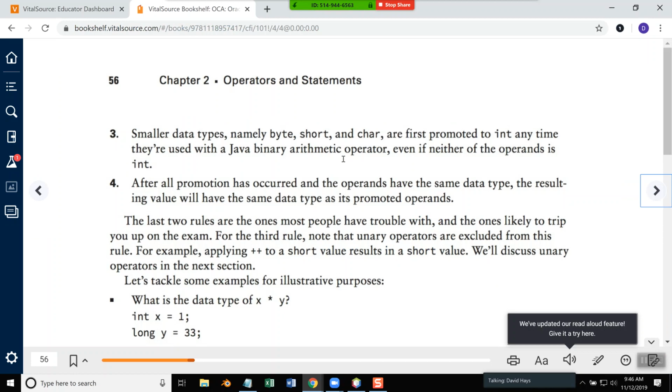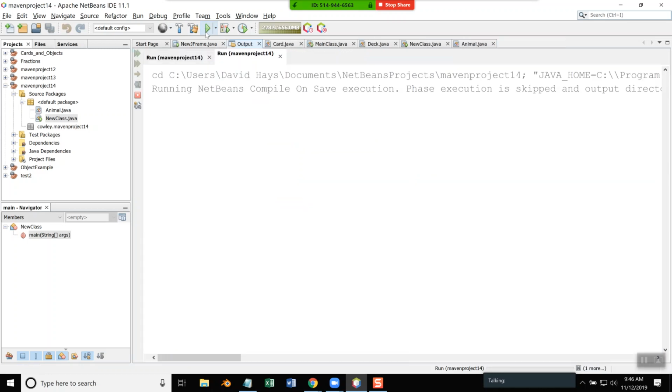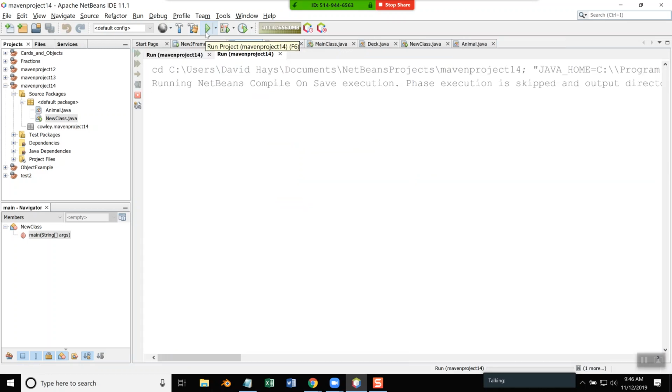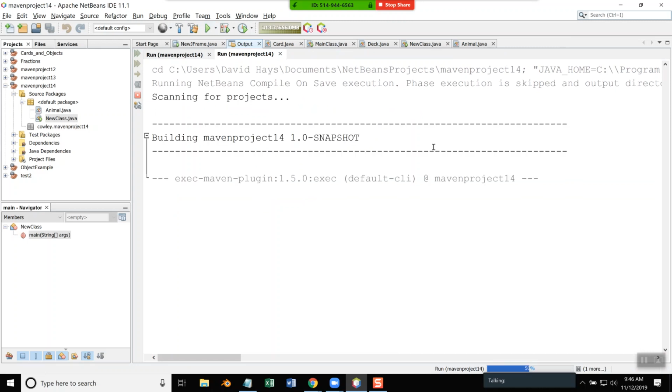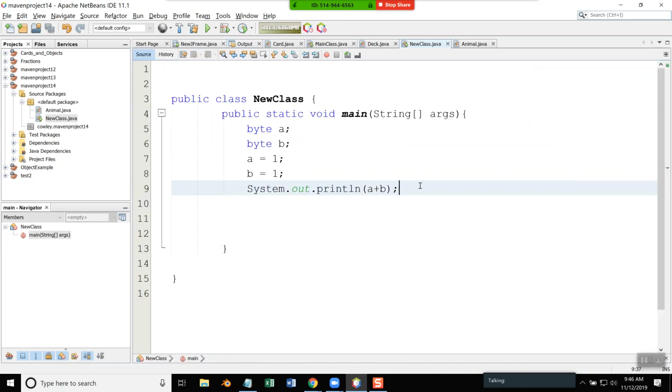Okay, so I'm doing a plus b here. That should give us 2. Then C gives us 2.